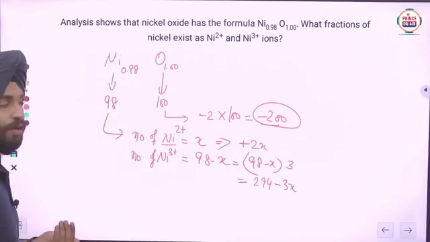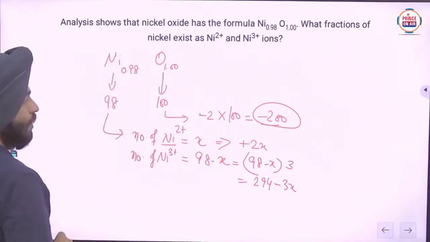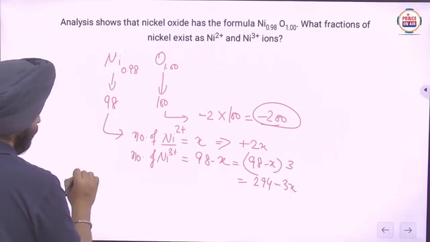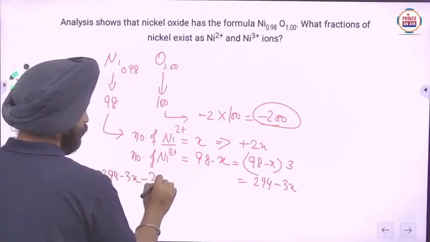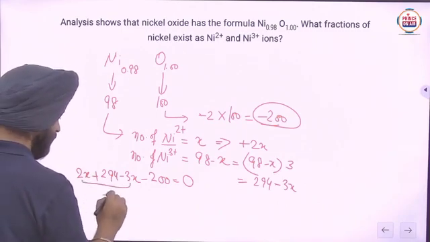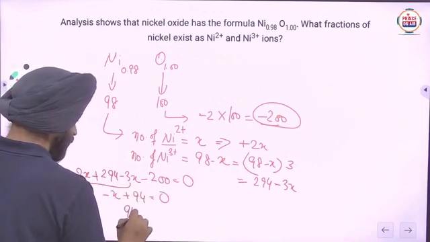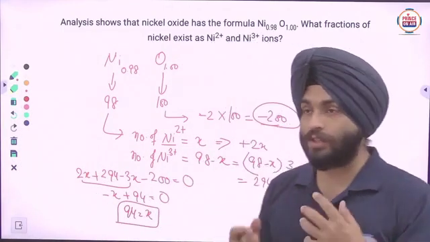The crystal is neutral, so the total charge should be 0. So it will be plus 2x plus 294 minus 3x minus 200 equals 0. In this way you will get minus x plus 94 equals 0. So x equals 94.